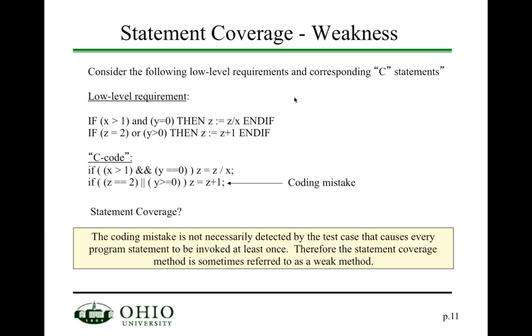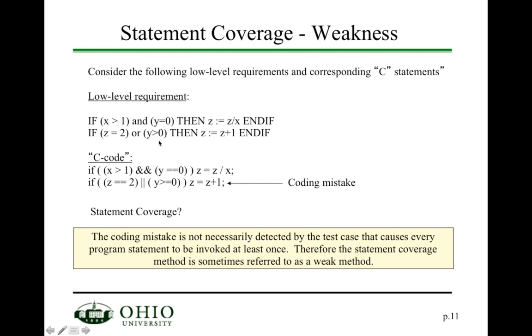Now suppose one of the coders implements this low-level requirement with this piece of C code, and in this case he made a little coding mistake. Rather than saying larger than 0, he makes it larger than or equal to 0.